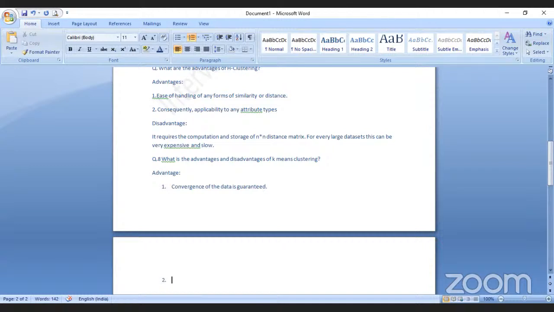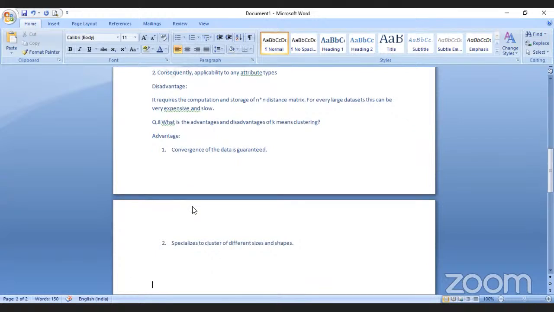That is the main thing over here. So these are the two advantages for k-means clustering.